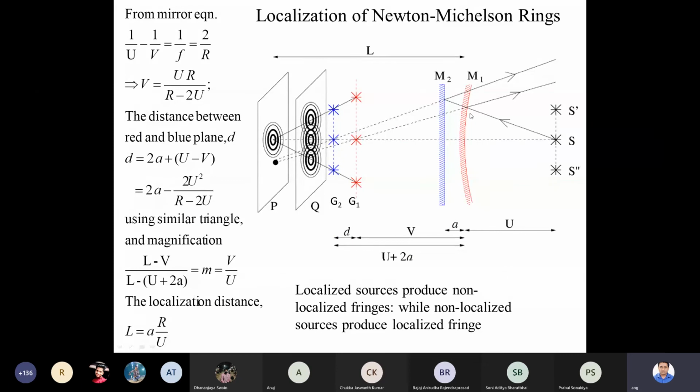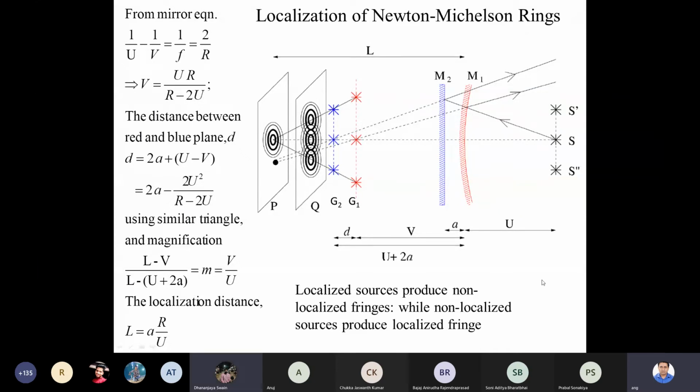This is producing the images on the planes G1 and G2. So this is what you have, non-localized. These two are non-localized. This is just a virtual image, and that is producing a localized fringe. If you consider only two of these, you will get these fringes. Two of these give you these fringes, and two of these give you these fringes.